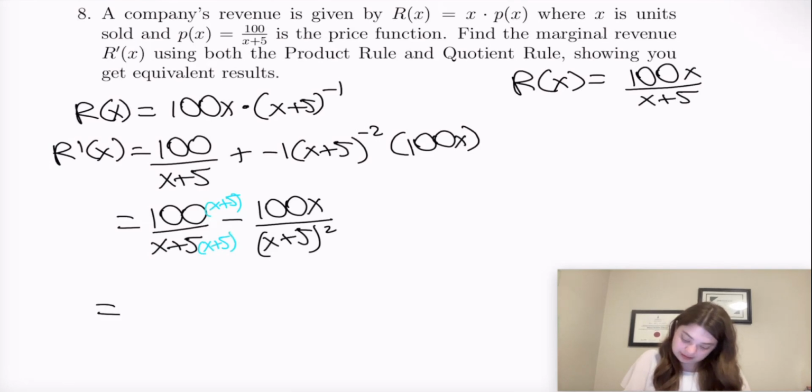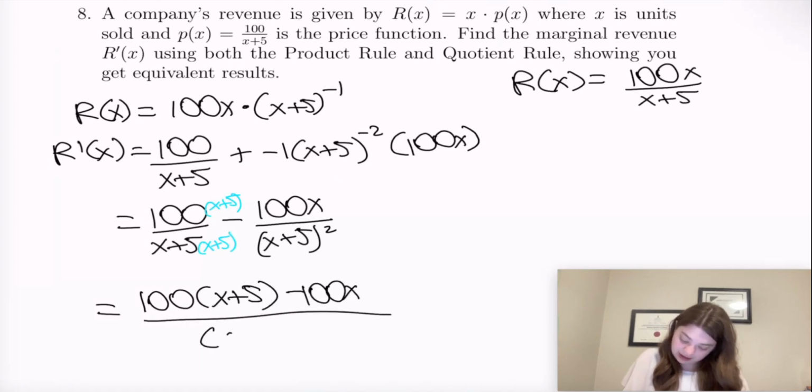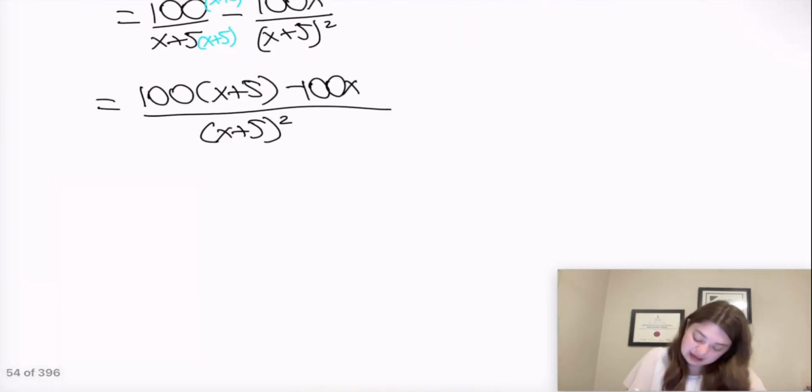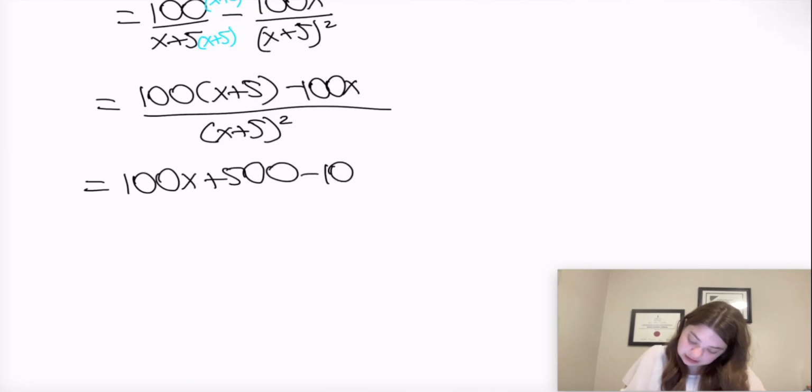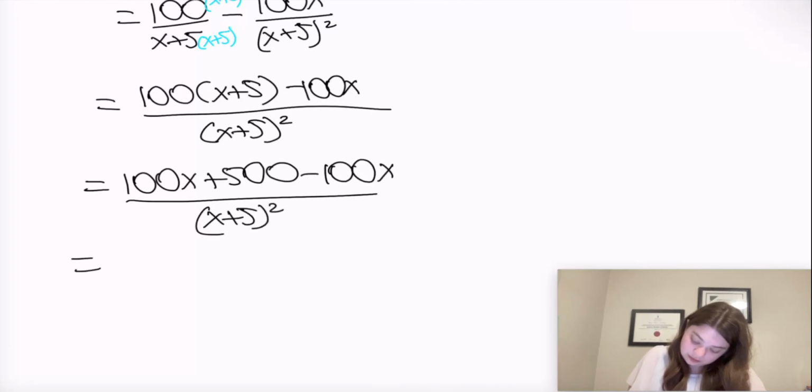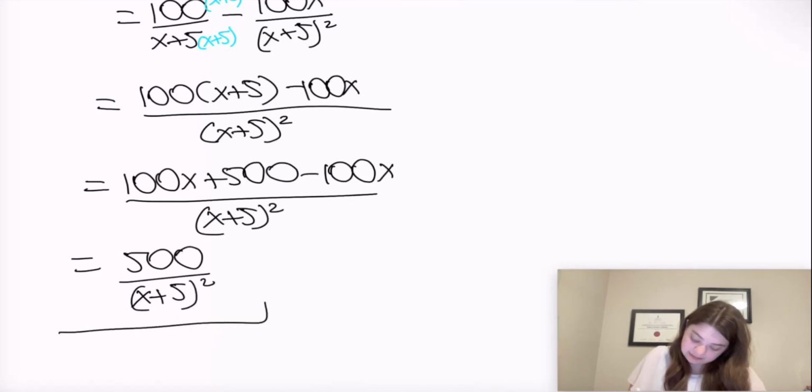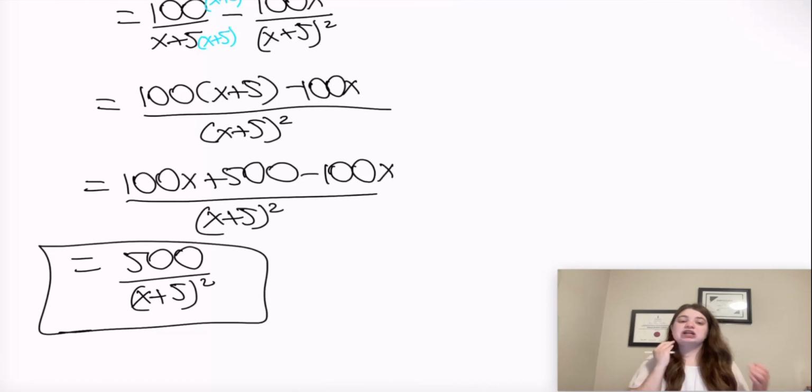And then we'll end up with 100 times (x plus 5) minus 100x all over (x plus 5) squared. Then I'm going to simplify that. So we'll get 100x plus 500 minus 100x over (x plus 5) squared, which is 500 over (x plus 5) squared. And that's as simple as we're going to get it. And so that's what we're expecting to get when we do the quotient rule as well.